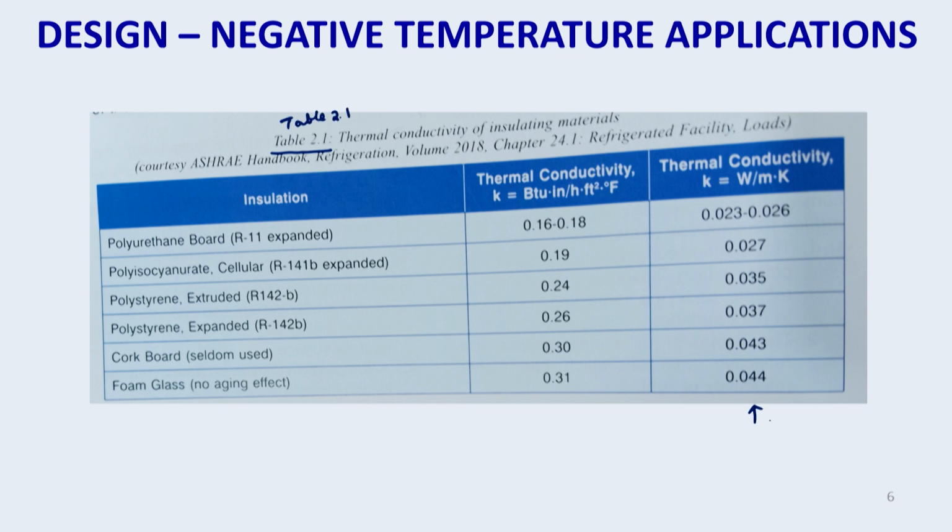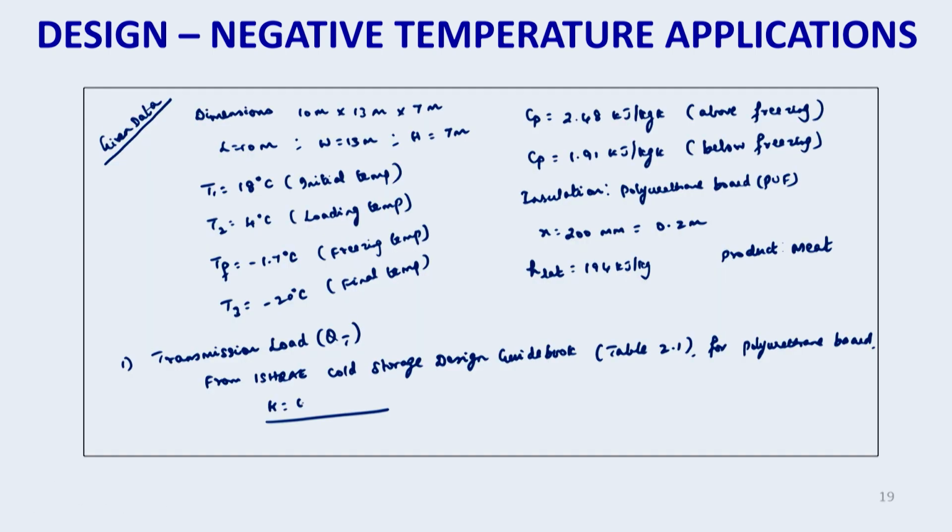These are all the values in SI unit. Polyurethane board, that is the first one. The range is given from 0.023 to 0.026. I will take this value, 0.023 watt per meter Kelvin.